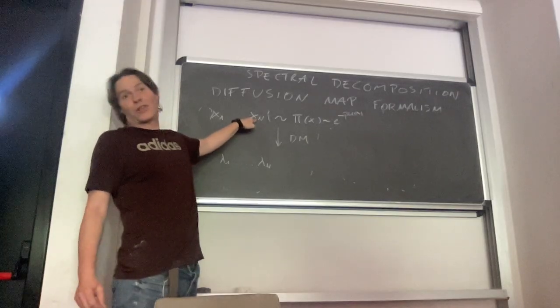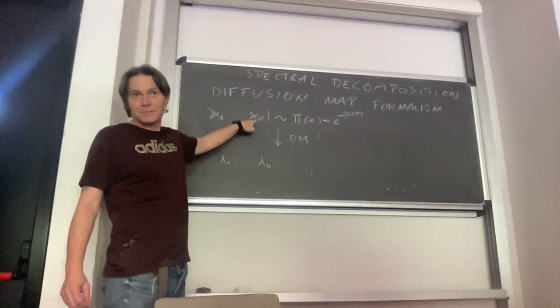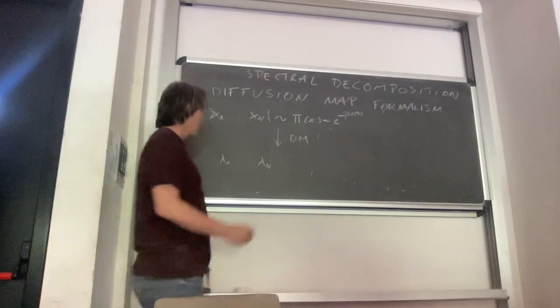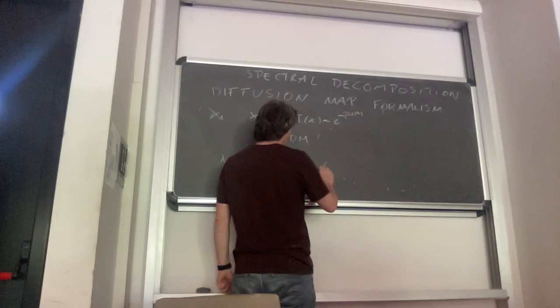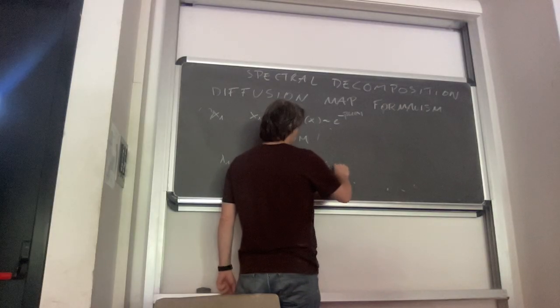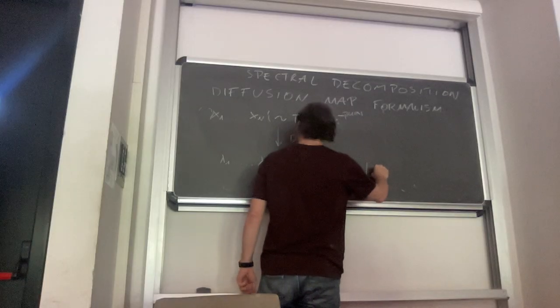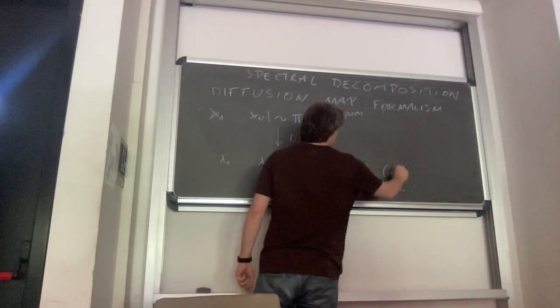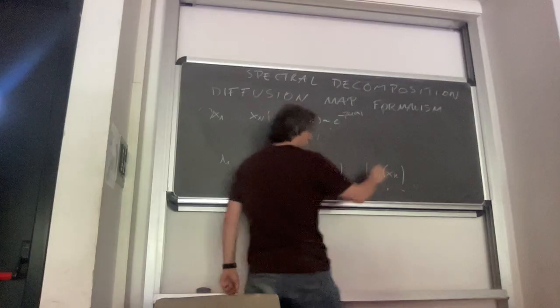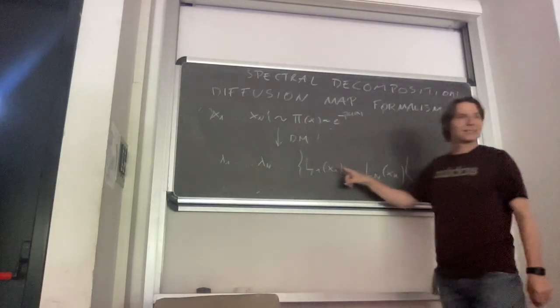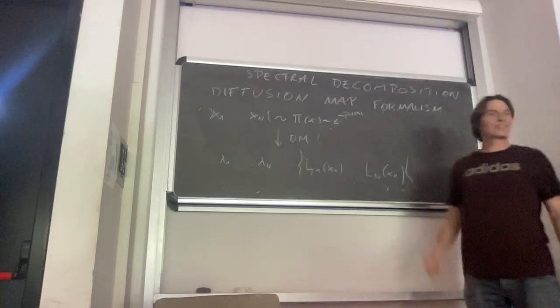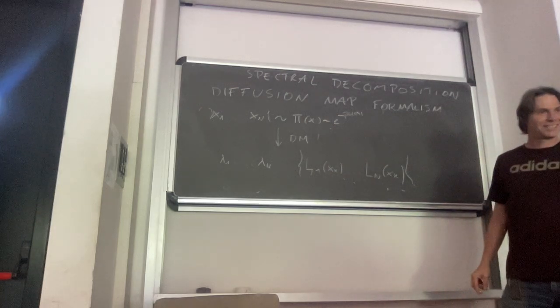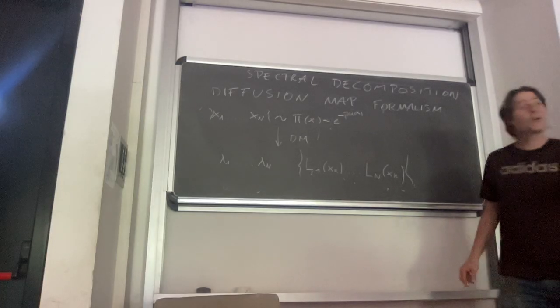It will give me an estimate of the lowest n eigenvalues, and the corresponding values of the left eigenstates for each eigenvalue at each point. So exactly what we need, in other words.